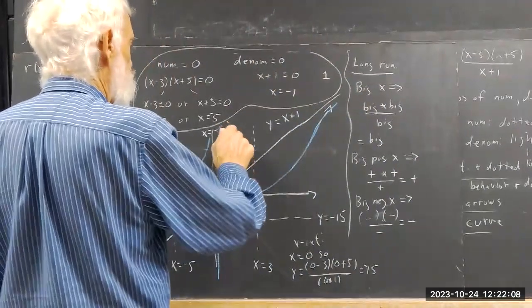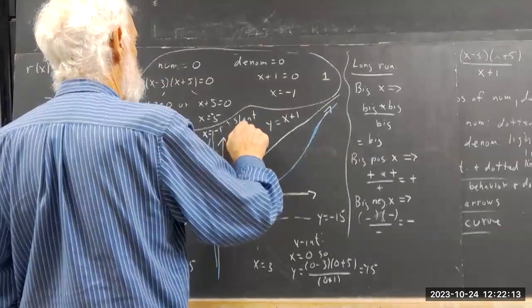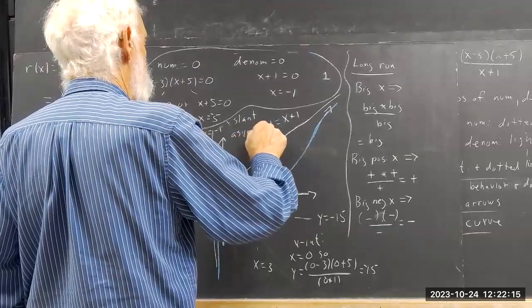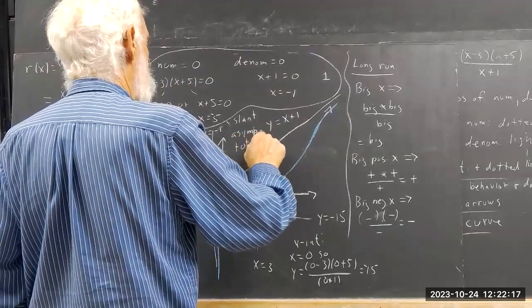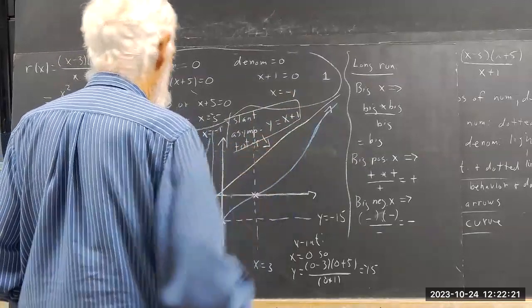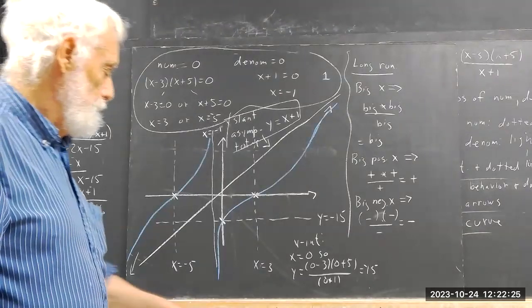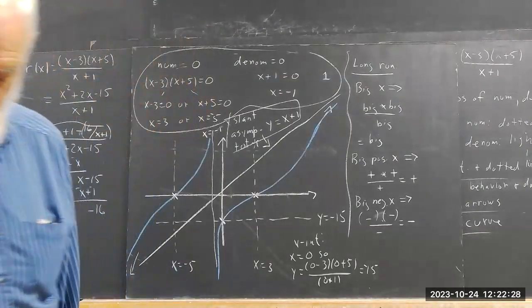And we call this a slant asymptote. And you'll see that in the open math.